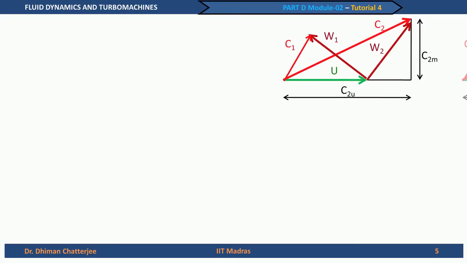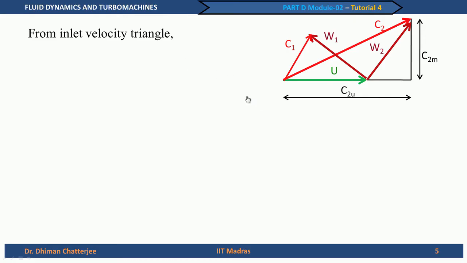Once we do it, we can see that this distance is C2U, and please note that in this case C1U is also in the same direction. This is important. In the theory class we talked about opposite sides, but here in the given problem it is on the same side.